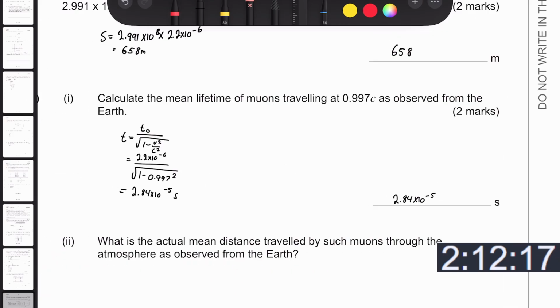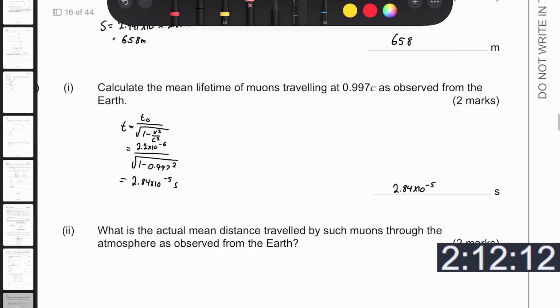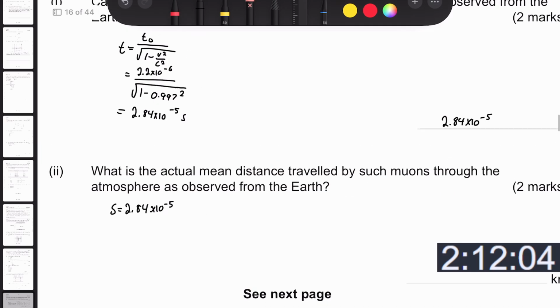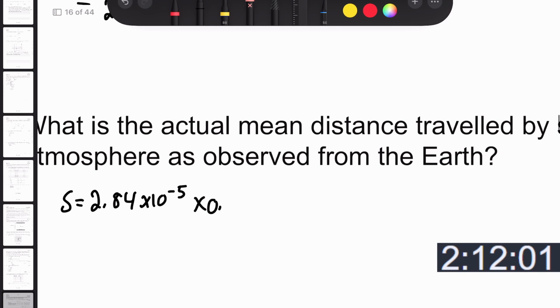What is the actual mean distance traveled by such muons through the atmosphere as observed from the Earth? So now S is equal to 2.84 times 10 to the negative 5 times the speed. Such a muon, we use the 0.997 c again, so times 3 times 10 to the power of 8 times 0.997.